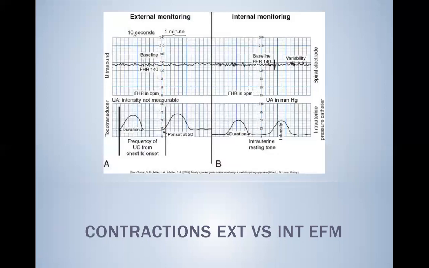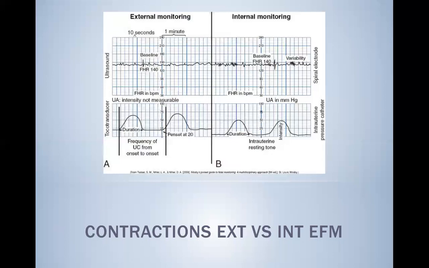Now, for the uterus to adequately provide oxygenation to the placenta and the placenta to adequately provide blood flow to the baby, there needs to be at least a 60-second resting tone in between contractions.